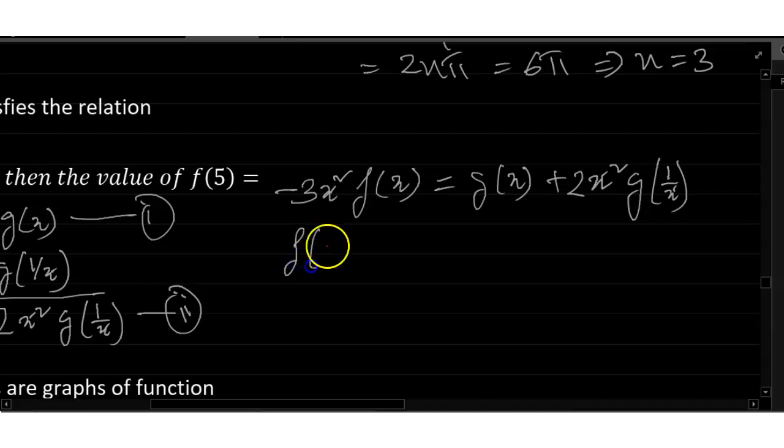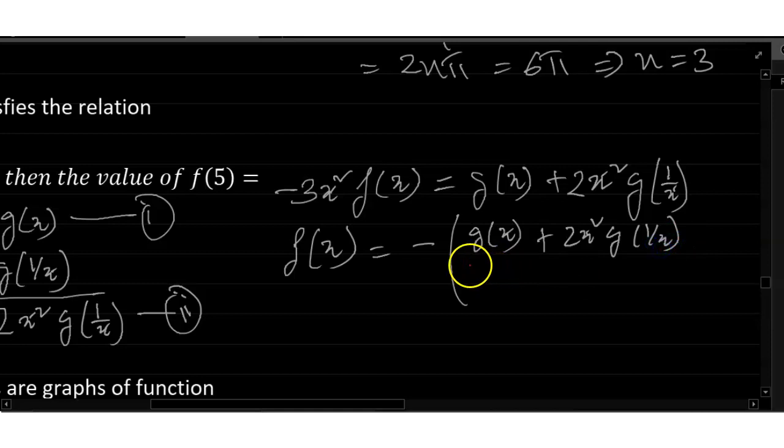So f(x) is equal to minus g(x) plus 2x square g(1/x) divided by 3x square. This is my f(x) value.